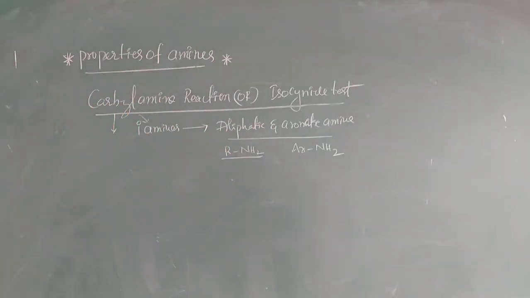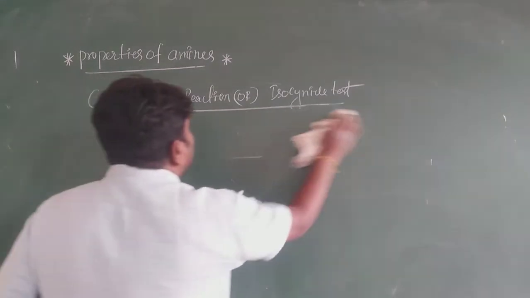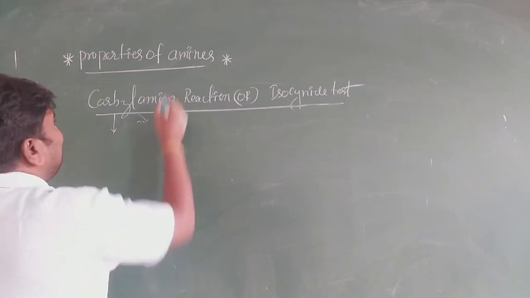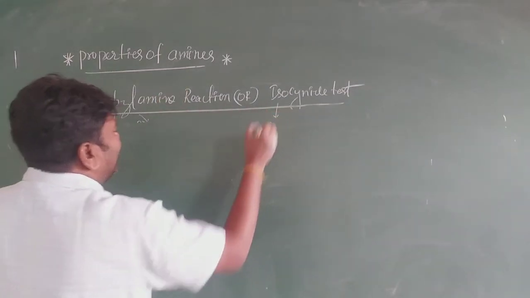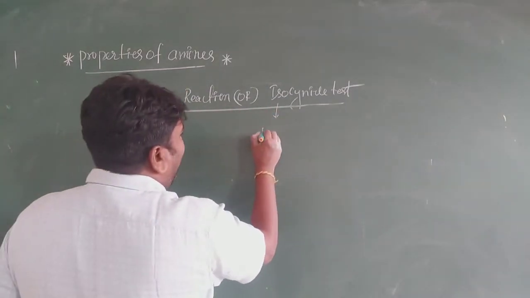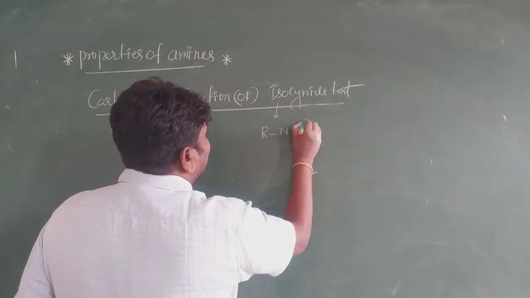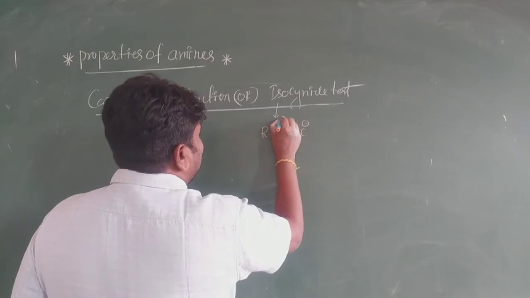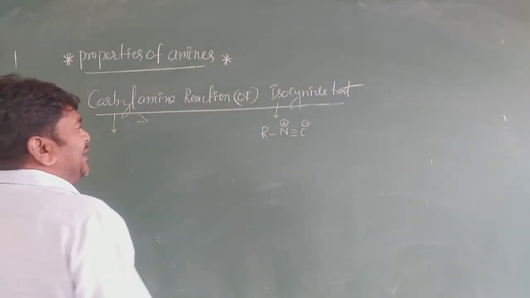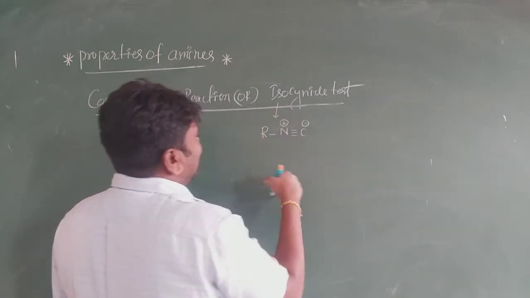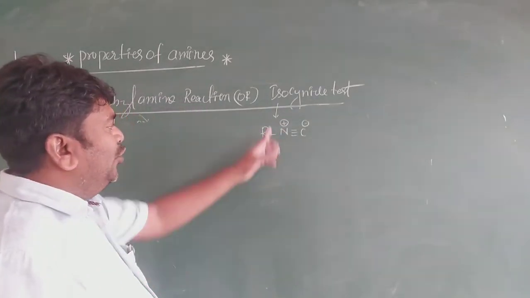My dear students, it is very, very important. What is the isocyanide formula? It is R N triple bond C, with a plus charge on nitrogen and a minus charge on carbon. If you take an aliphatic amine, you will get this one.